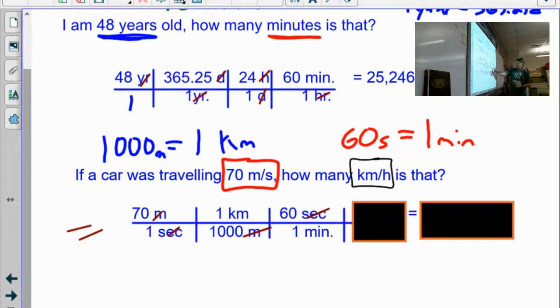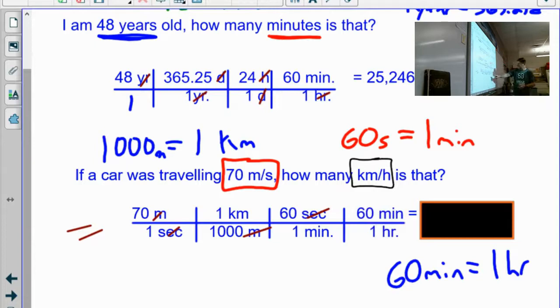Okay, I still want kilometers per hour. So I need one more equivalency to make my conversion. And I'm going to say, well, I know that there are 60 minutes in every 1 hour. How am I going to write this here? Well, minutes is on the bottom. I want to get rid of it. So minutes will go on the top and hours will go on the bottom.